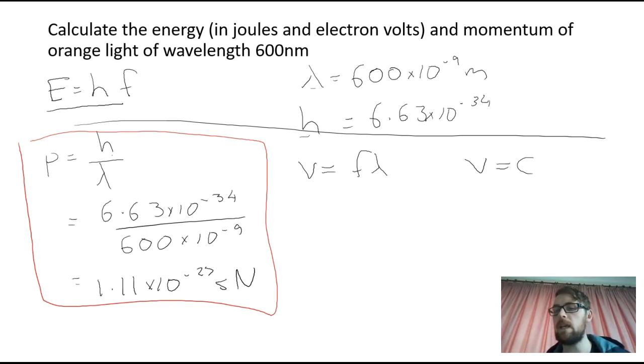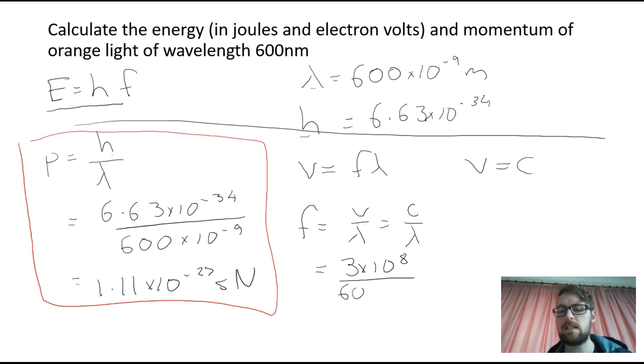Next we want to rearrange this equation to work out the frequency. If I divide through by lambda, I'm left with v on lambda, or c on lambda. Substitute that in: c is 3 times 10 to the 8 and lambda is 600 nanometers. That will give us a frequency of 5 by 10 to the 14 hertz.